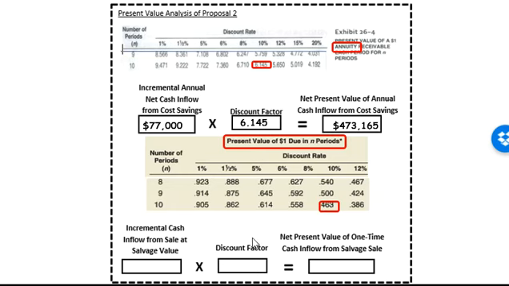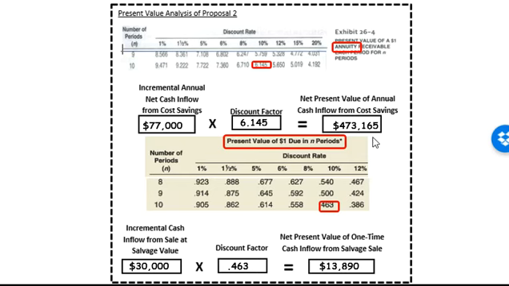We take our $30,000 sales price, the salvage value from the previous slide, times our discount factor of 0.463, and that equals $13,890.